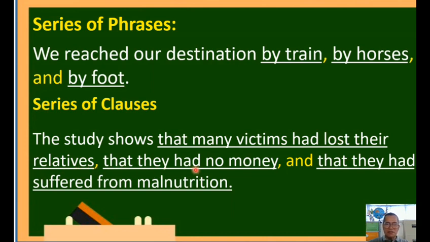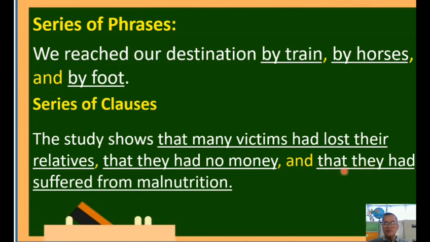Next, that they had no money, and then comma, and then space. Notice here, pagkatapos ng mga comma rito, ay mayroon tayong space, and then followed with the next word. Okay, dito sa pangalawang comma, space again, and then conjunction and then space, and then following word.